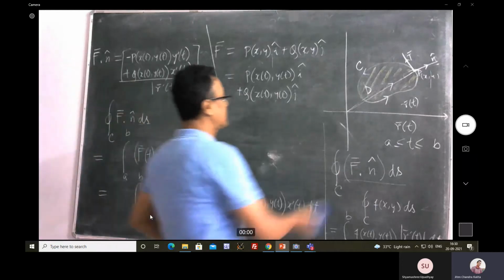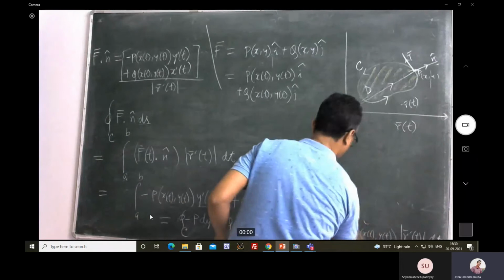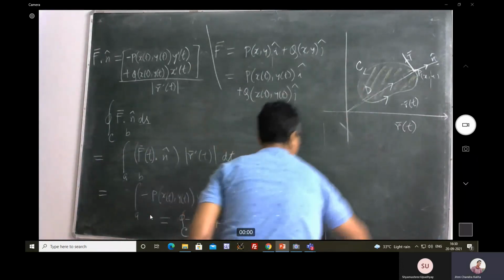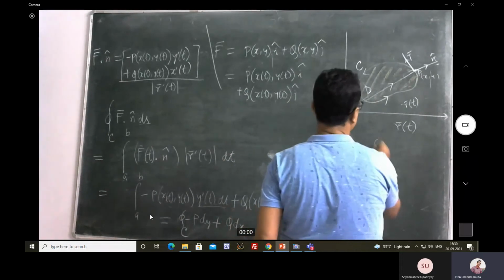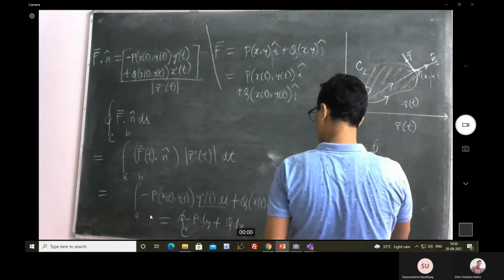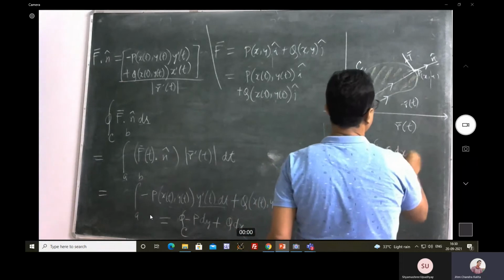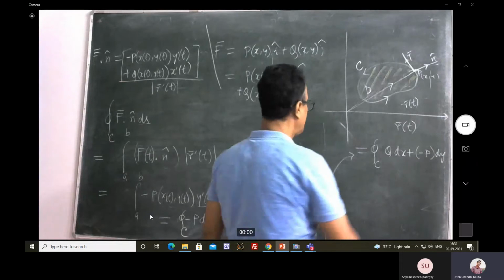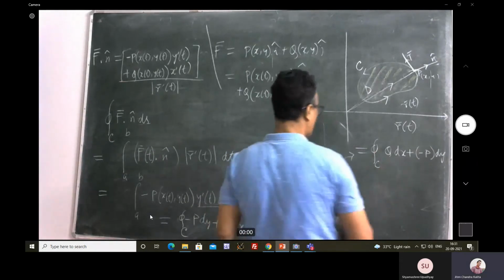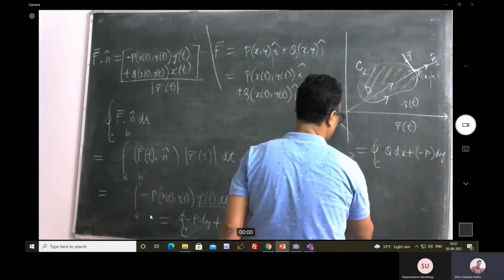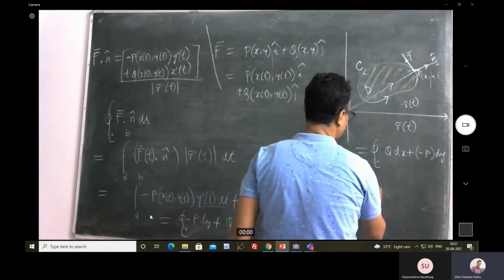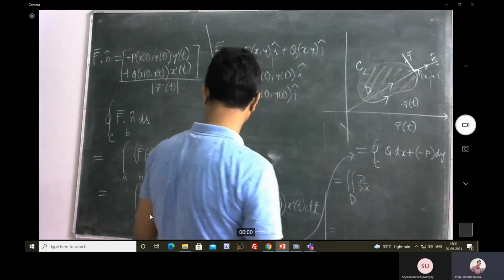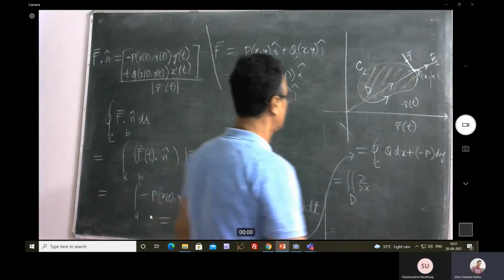The very next interesting thing is that, now again look at this. I can write it as the integral over C of q dx plus minus p dy. Now if I use Green's theorem, this is going to become the integration over the region of del del x of minus p.